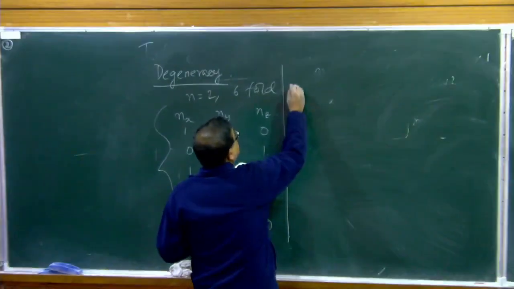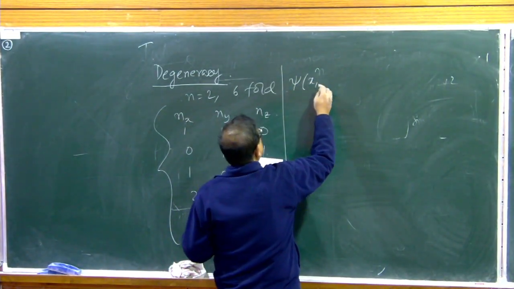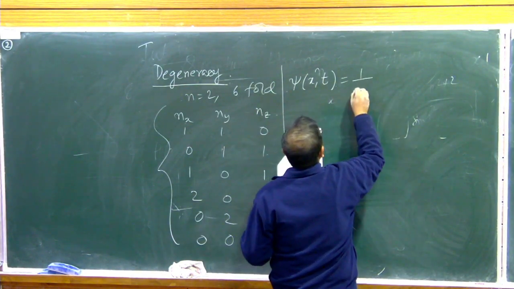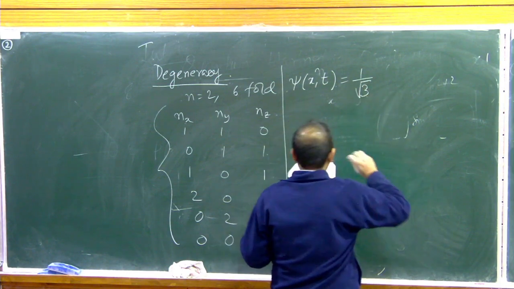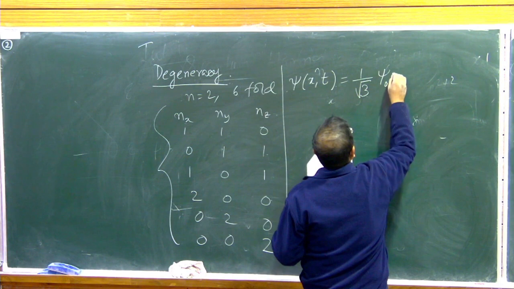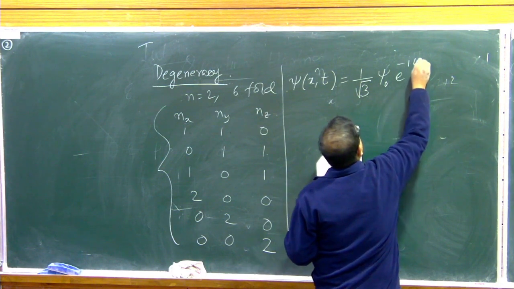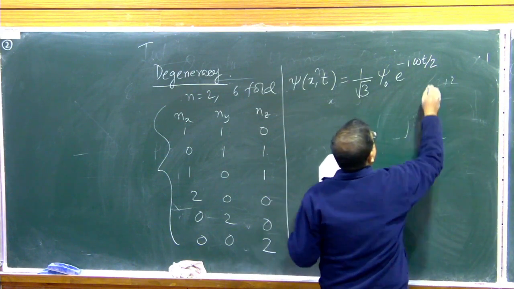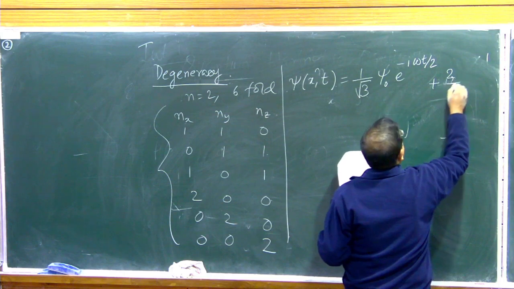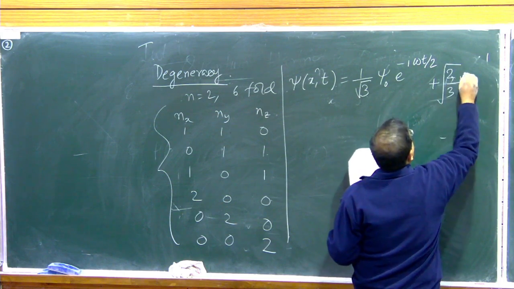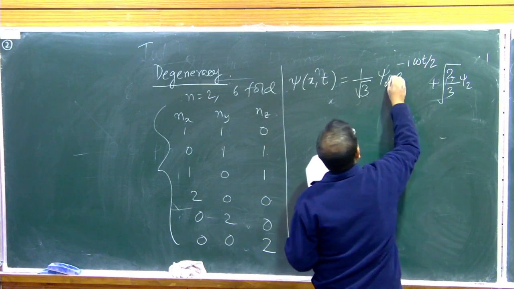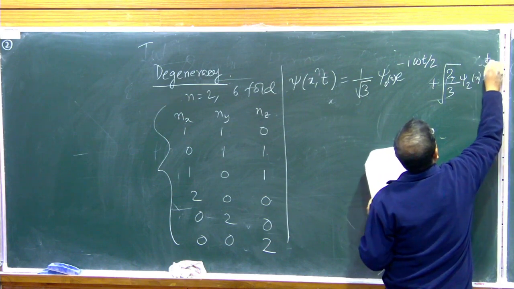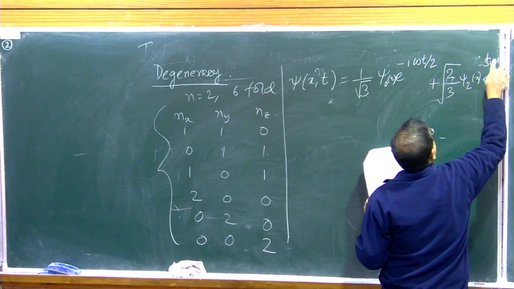Somebody has given you a state, say at x and t, which is equal to 1 by root 3 psi 0 exponential minus i omega t by 2, plus 2 by 3 square root psi 2 of x, each a function of x, times exponential minus 5i omega t.